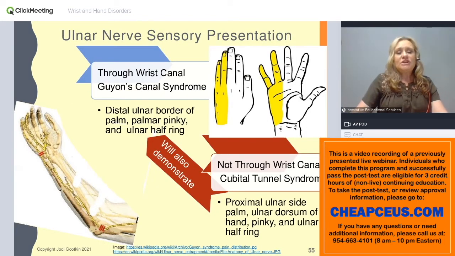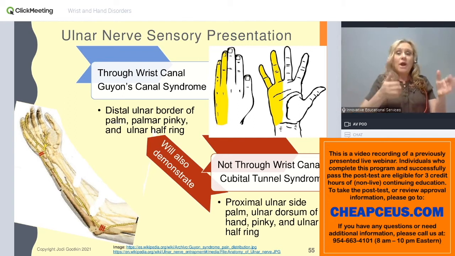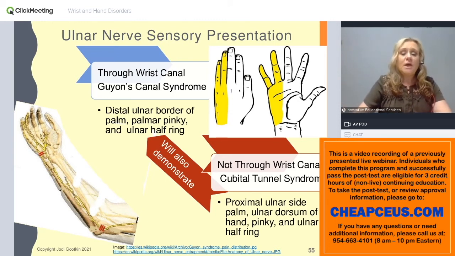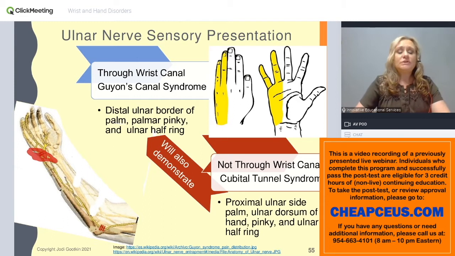The sensory changes that we are going to see are going to be related to where that ulnar nerve is compressed for the individual. If we have nerve compression in Guyon's canal down here at the wrist, we're going to see a loss of sensation specifically to the pinky and ring finger.